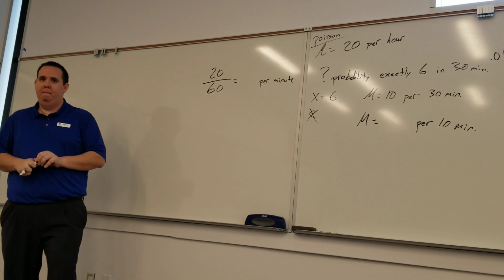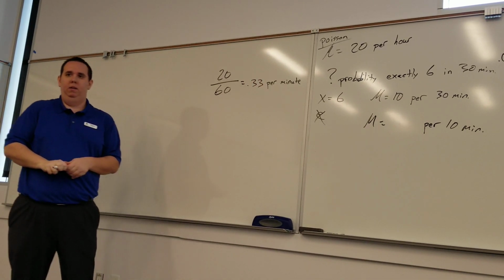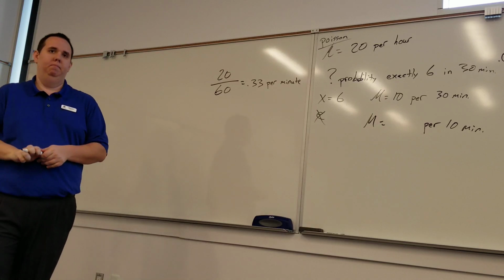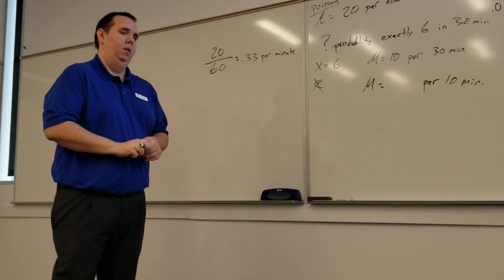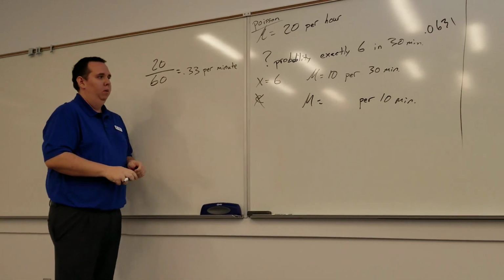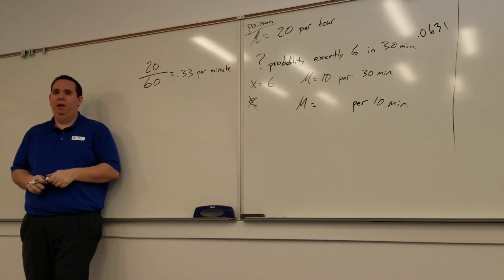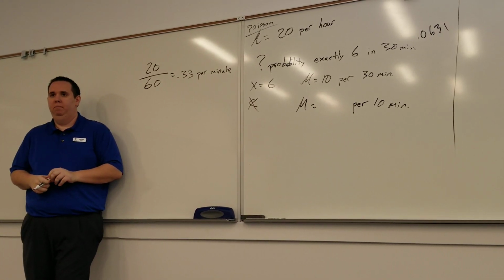What do we get? 0.3 repeating. Right, 0.33. So, if we want to know per 10 minutes, if this is 1 minute, what do we need to do? Times it by 10.